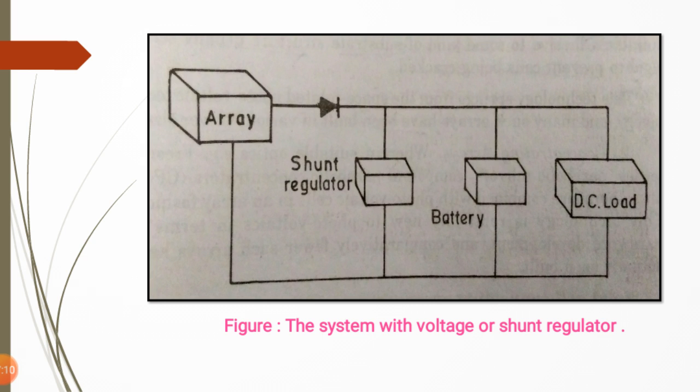That means the shunt regulator should be before the battery, so that it can protect the battery from overheating on sunny days, or if we have high intensity of solar radiation. And again the last component is the load. The load means the instrument which we want to operate from that electricity. So this is the system with the voltage or shunt regulator.